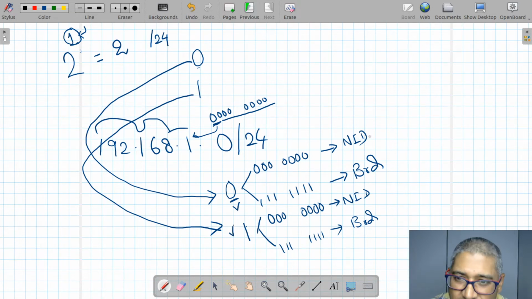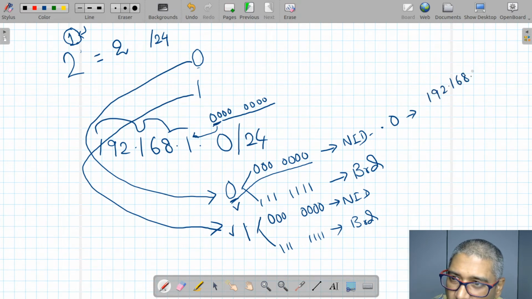So what is my network ID? From this 0 you have to calculate. This is the dot 0. So 190.160.1.0 is one network. Then what is the broadcast IP of this network? First is 0, and the remaining are all 1s.